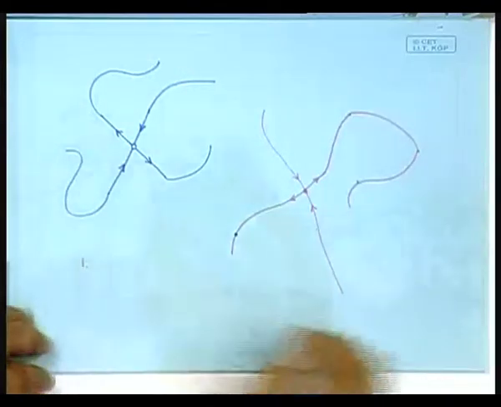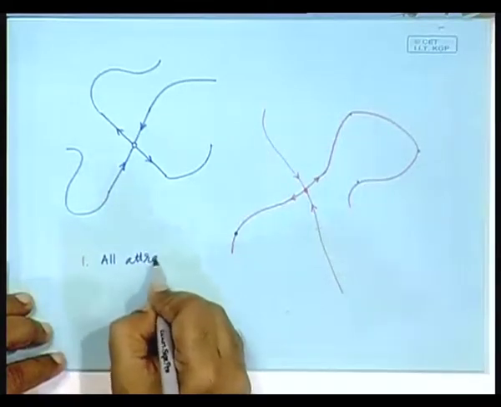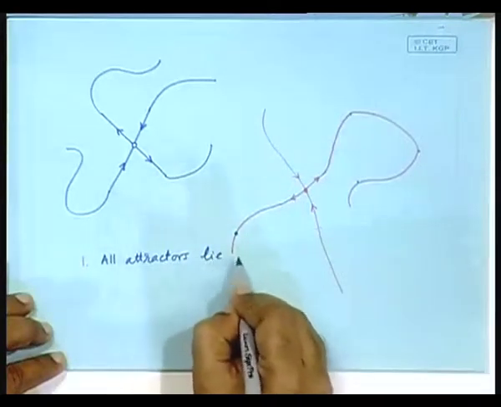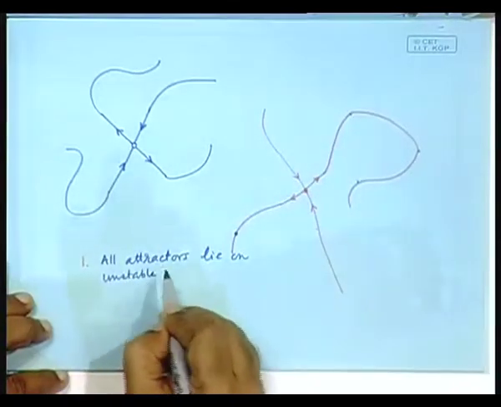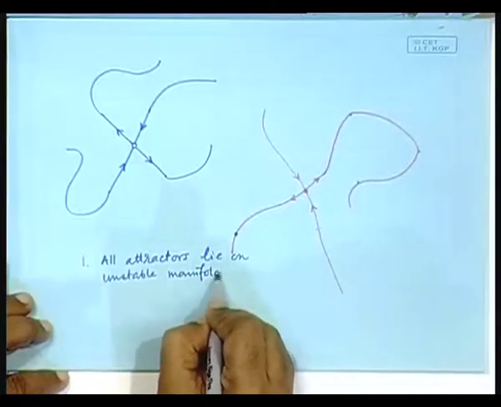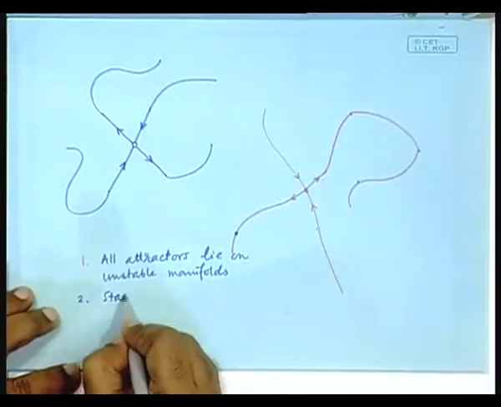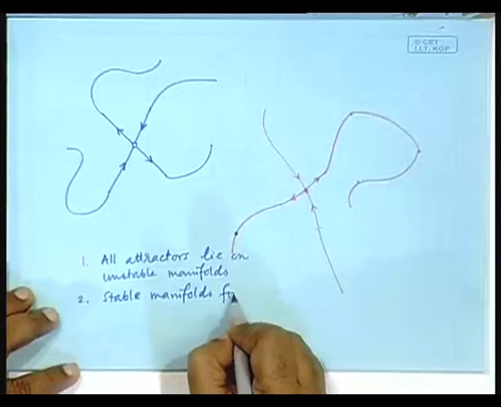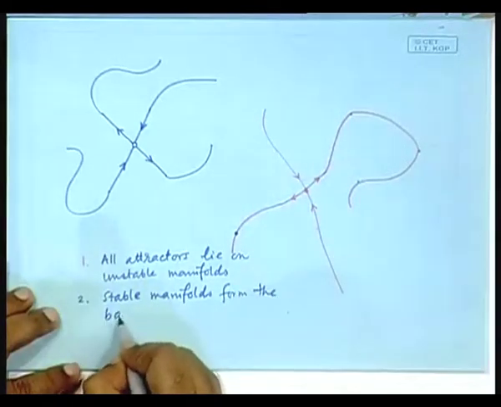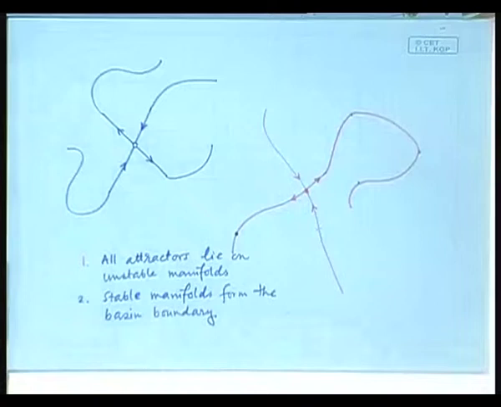One is that stable manifolds form the basin boundary. Got it? Yeah. Okay.